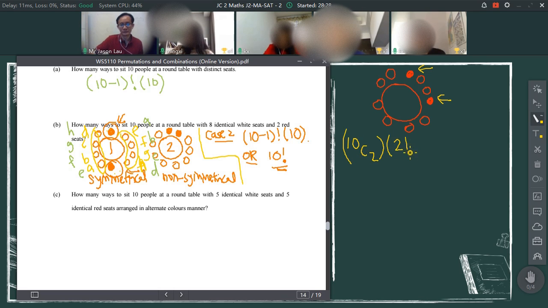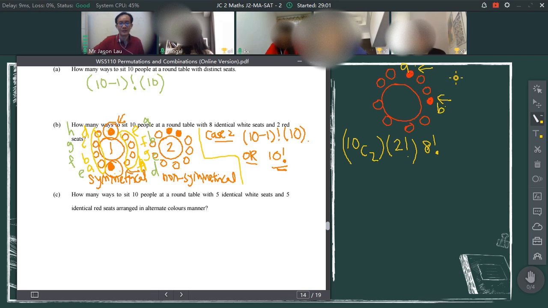Is AC here and BC here the same as BC here and AC here? Different, because the number of seats between them is different. So this is yet another type of case. The question is ambiguous; you need to know exactly how the seats are being arranged.